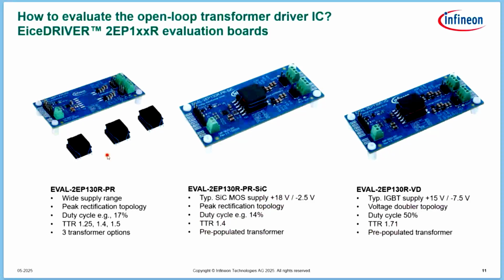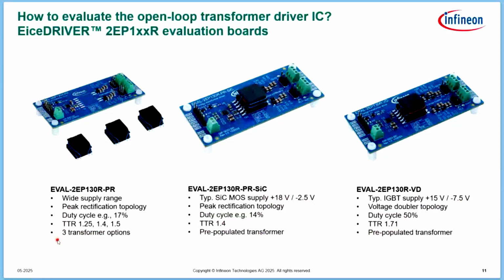Here we have a partially populated board, which offers 3 different solutions for the transformer, in the ratio of 1.25, 1.4 or 1.5, always to 1 to 1. The outputs are always the one with the ratio 1.